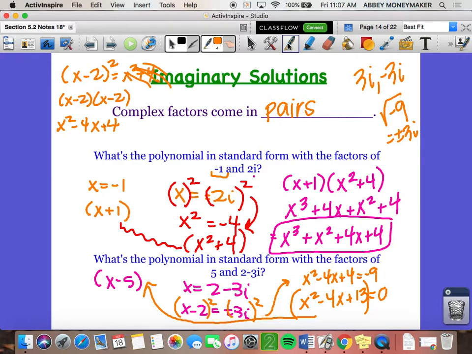The important thing here, because I'm running out of time, is that I need you to know how to handle the complex solution. So, let's recap. We moved the real number over, and then we squared both sides. Are you with me? All right.